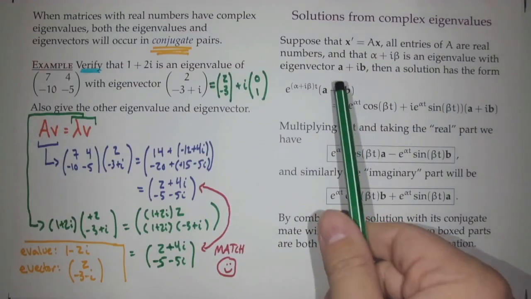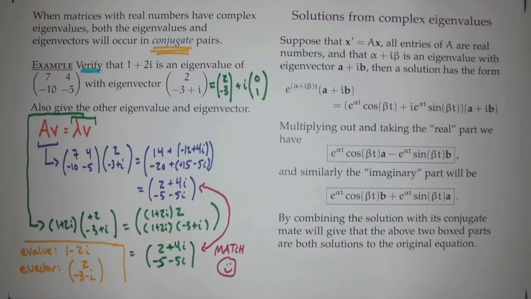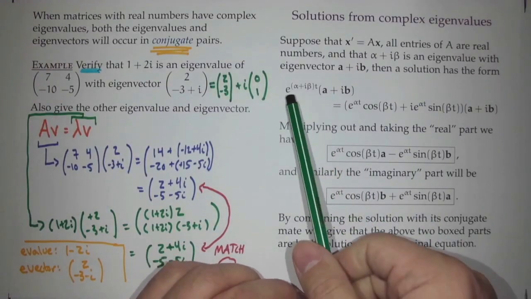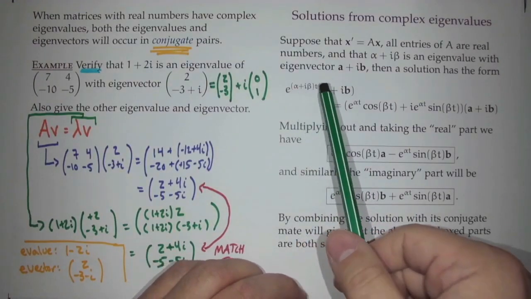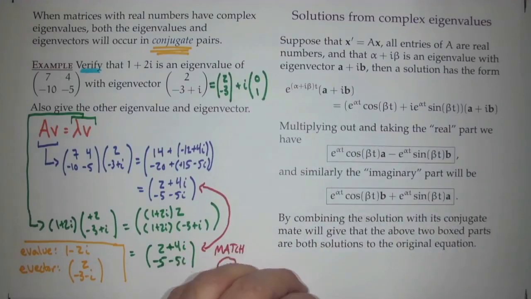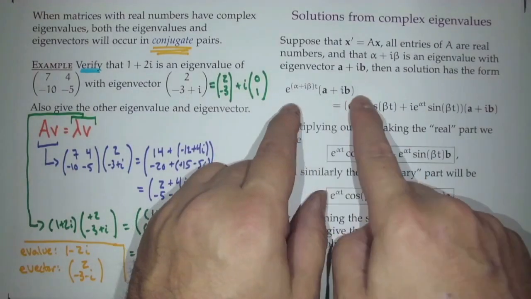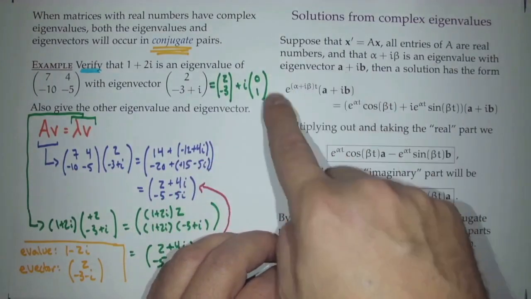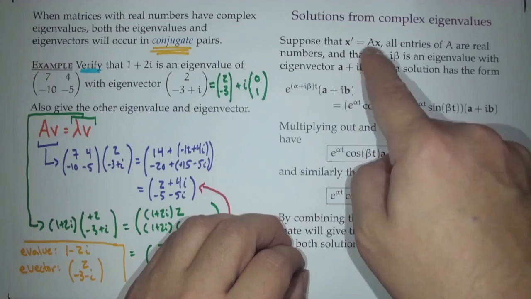So that's what we're calling a plus ib. All right, so here we go. We consider e to the alpha plus i beta t times a plus ib. In terms of what we talked about last time, this function is a solution to x prime equals Ax.